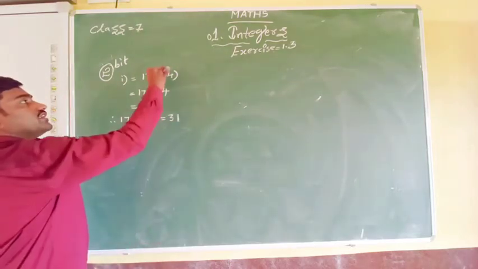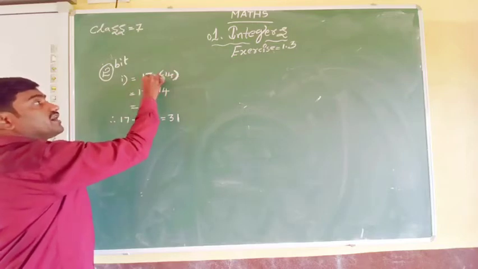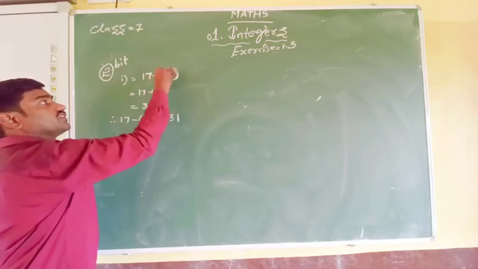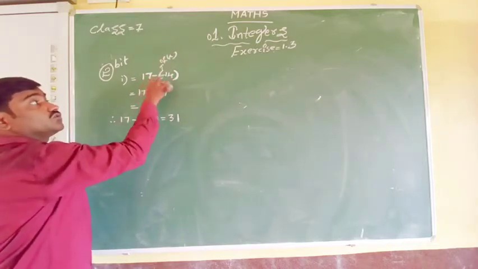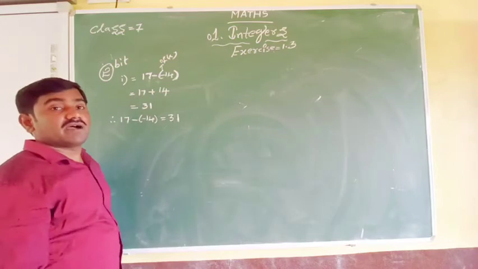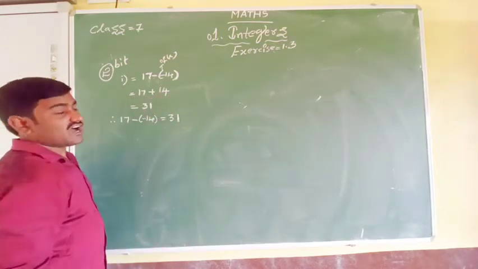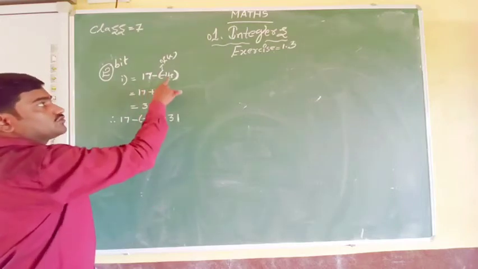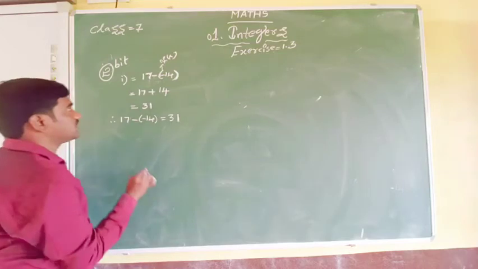Here, the word 'of' is nothing but multiplication, children. Here we got minus of minus two times immediately. So minus of minus is nothing but a plus. Of is nothing but multiplication. Minus into minus is plus. So the sum of 17 and 14 will give us 31.